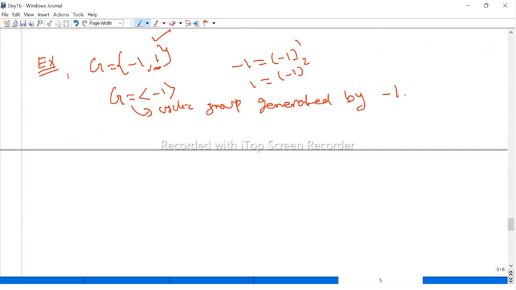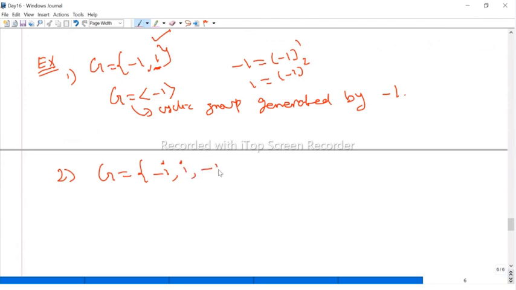Now, if we take another finite group, suppose G is {-i, i, -1, +1}. This is a group with respect to multiplication. This G is generated by i, because every element of the group can be expressed as a power of i. i can be written as i^1. -i can be written as i^3, because i^2 is -1; multiplying both sides by i, i^3 is -i.